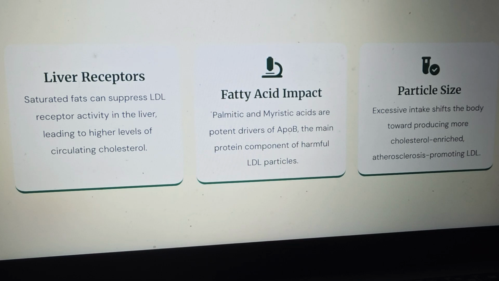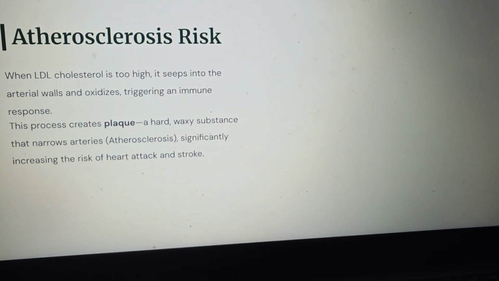Excessive intake shifts the body towards producing more cholesterol-enriched, atherosclerosis-promoting LDL. Then the atherosclerosis risk: when LDL cholesterol is too high, it seeps into the arterial wall and oxidizes, triggering an immune response. This process creates plaque, a hard, waxy substance that narrows the arteries. We call this atherosclerosis, and it significantly increases the risk of heart attack and stroke.